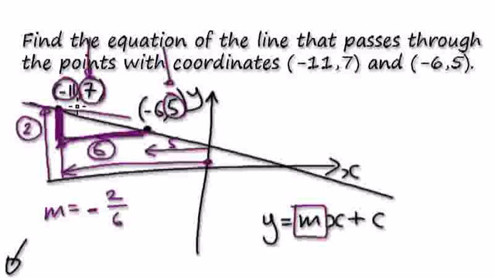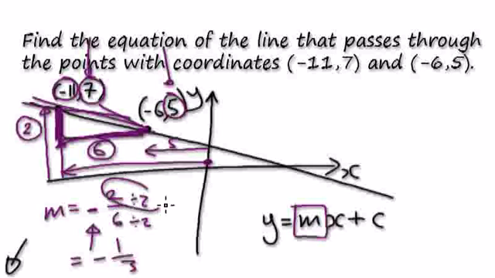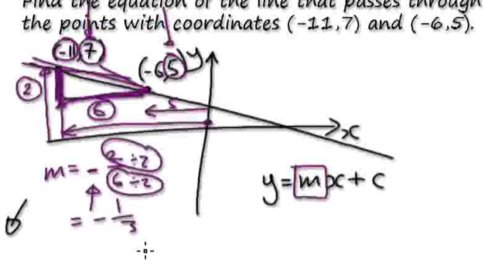Let's simplify this: divide top and bottom by 2. 2 divided by 2 is 1, and 6 divided by 2 is 3. So the gradient is minus a third.